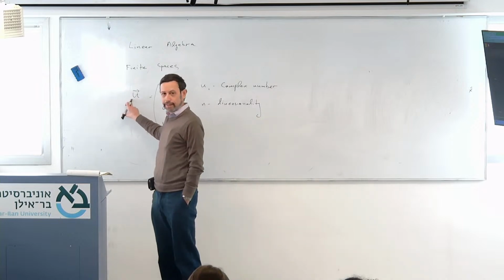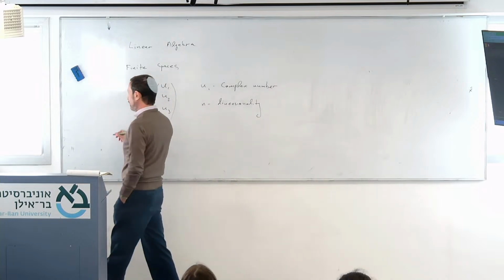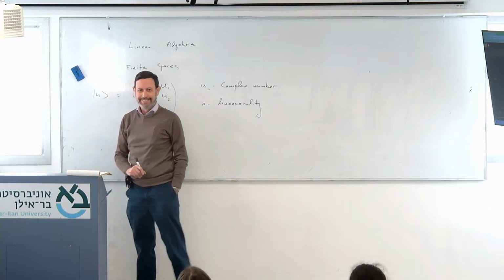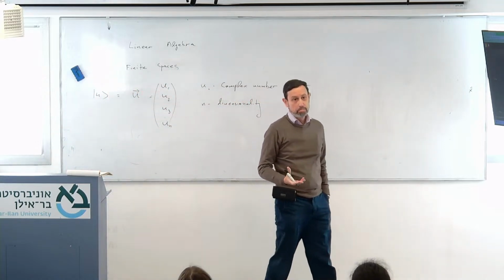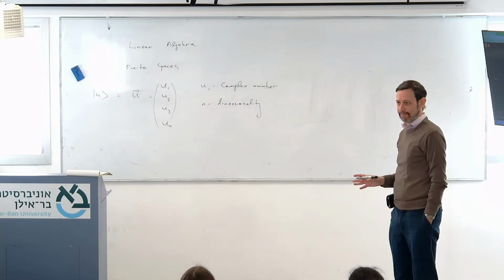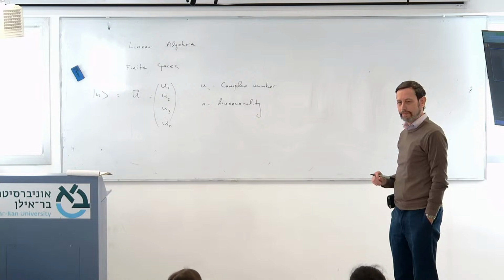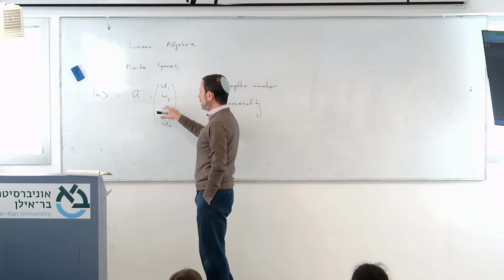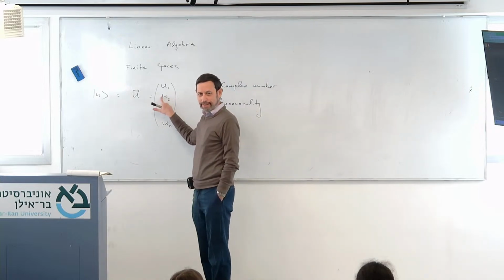So instead of writing a vector in this way, I'll use the Dirac notation, and this is a vector. Is u_i the vector, the complex vector of u? No. u_i is the ith element in the vector.